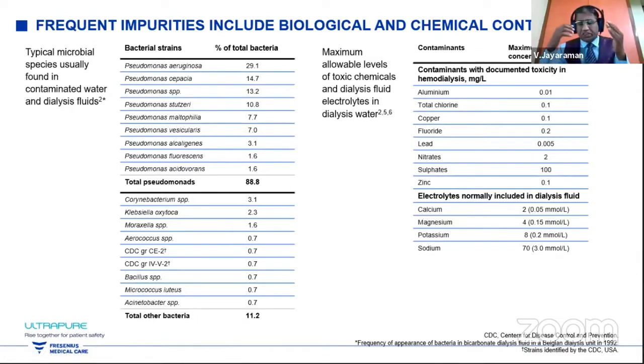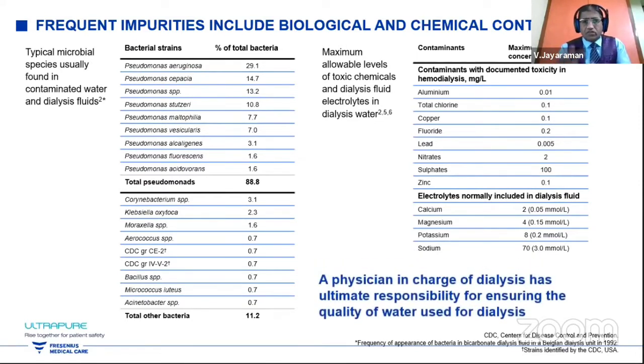Electrolytes also should be maintained if you have a good RO water system. So it is the sole responsibility of the physician, the nephrologist, or the professors in the dialysis unit to ensure the quality of water required for dialysis.